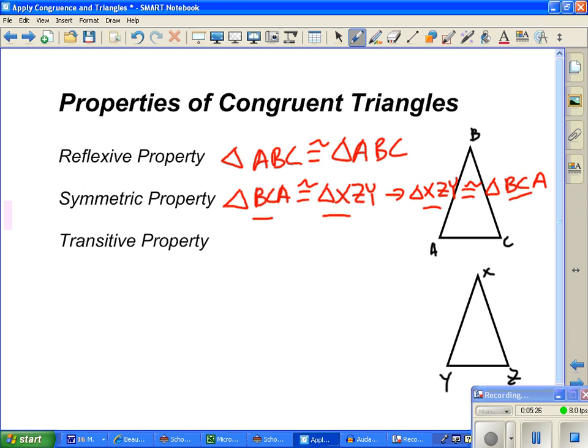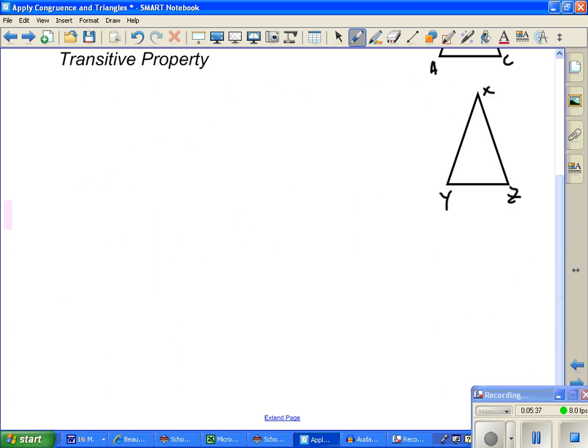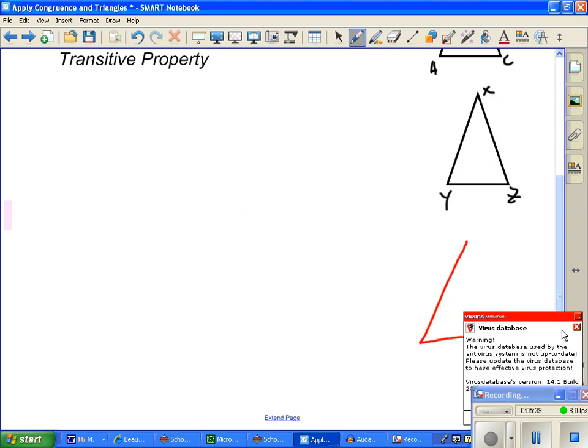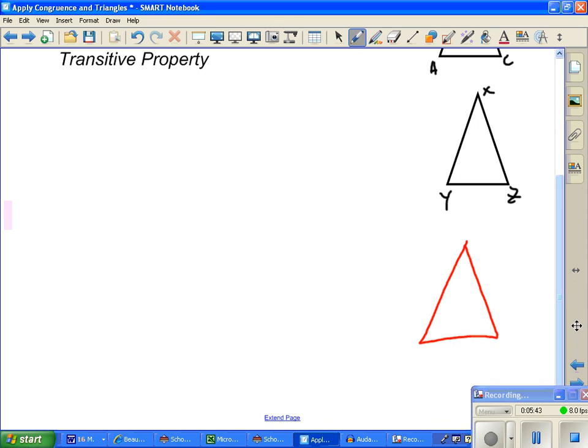And the transitive property. If A equals B and B equals C, then A equals C. Now I need a third triangle here. Wasn't thinking here. I need a third one. So let's draw it. So let's call this one LMN.